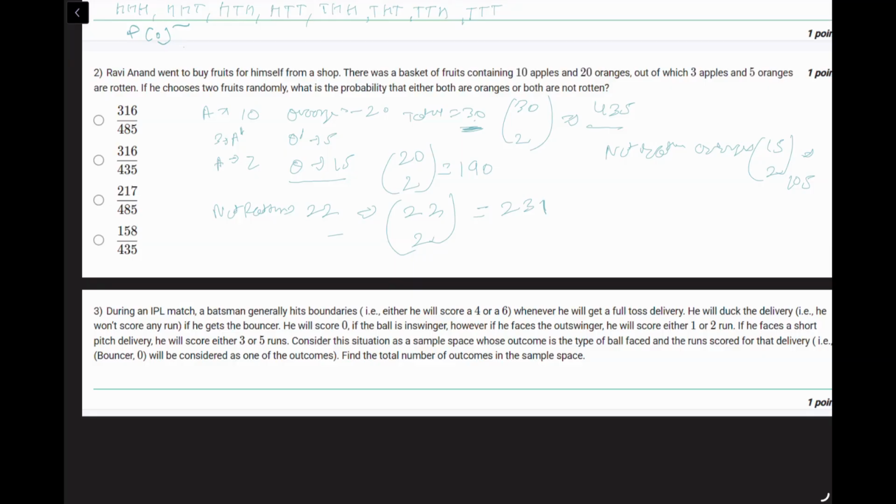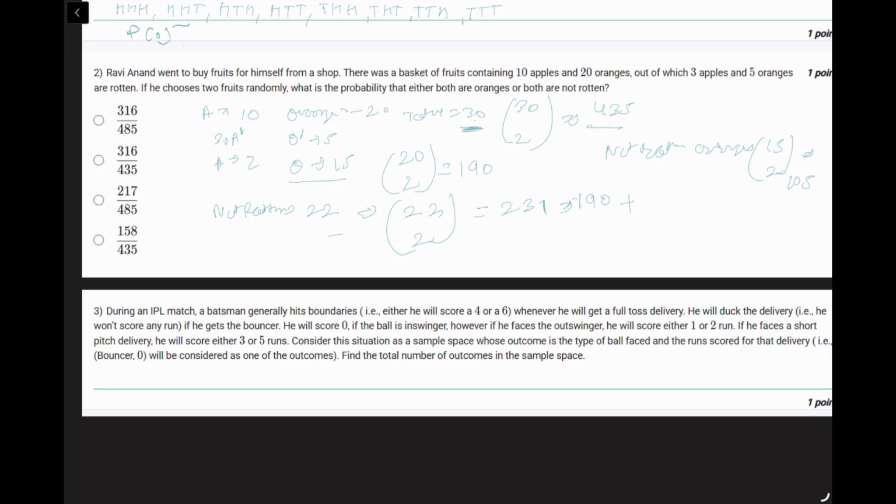So how many favorable outcomes are there? Both are oranges and both are not rotten. So both are oranges is what? 190. There are 190 ways of choosing both oranges. Okay, that's one. Plus, how many not rotten are there? So there are two probabilities.